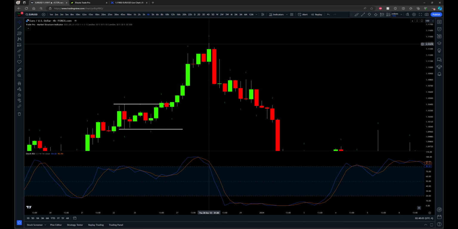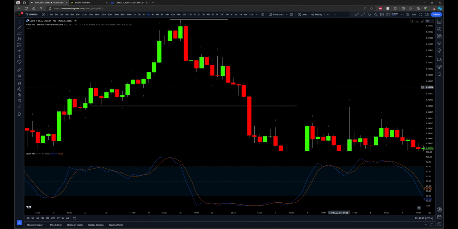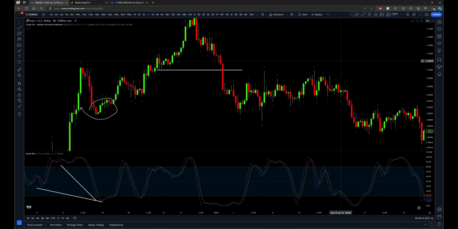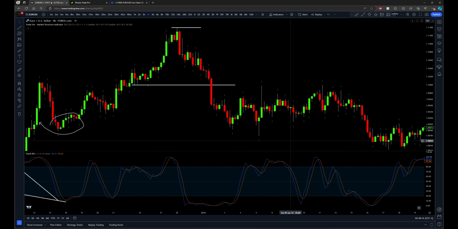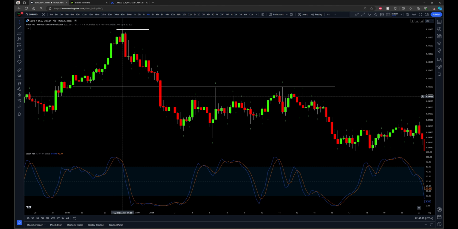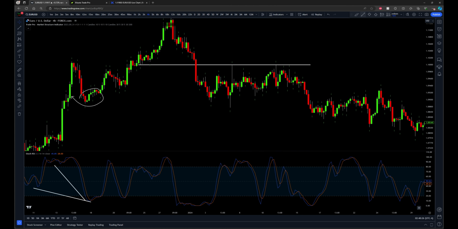We don't actually get into a pullback till all the way up here. This maintains our low to break for a shift into bear structure, which it does, and a super clean setup right here. So we break down, bear structure, this pullback right here, starting right here.